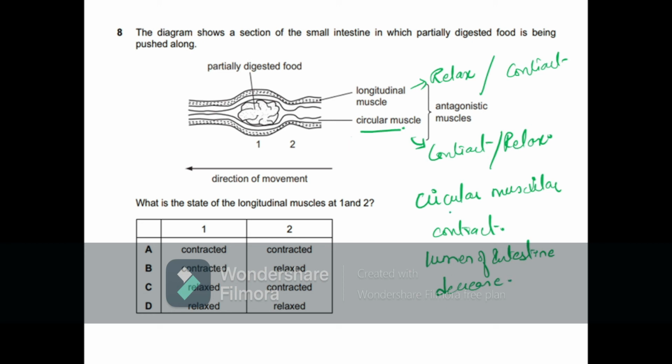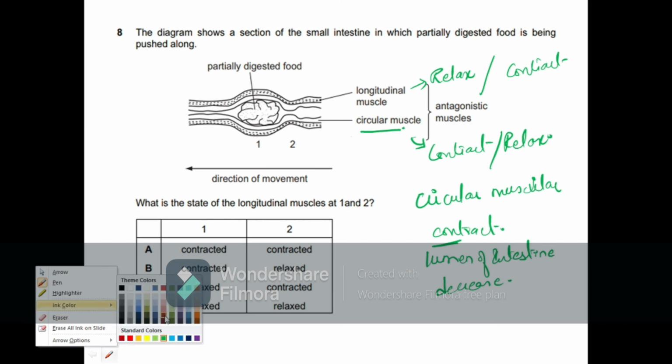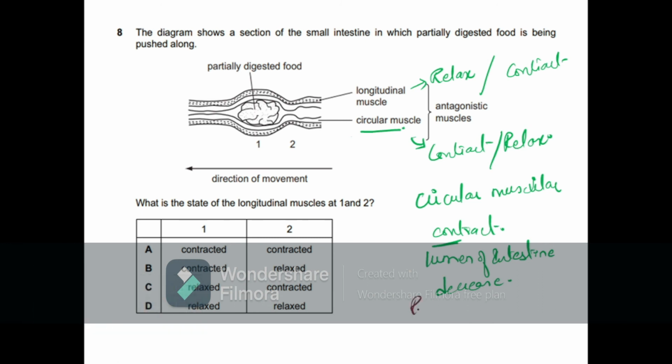And when circular muscles relax, what will happen? When circular muscles relax, the lumen increases. So you can observe here, to accommodate this partially digested food, lumen should increase in volume.